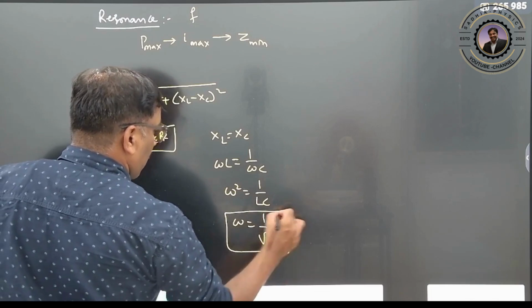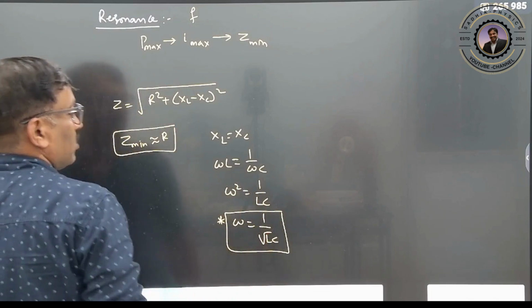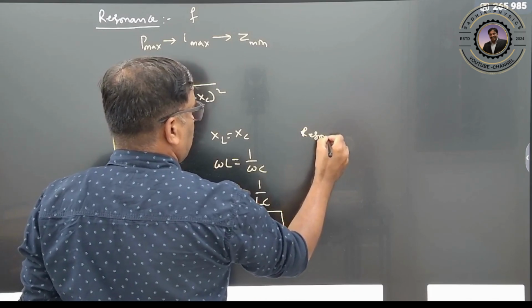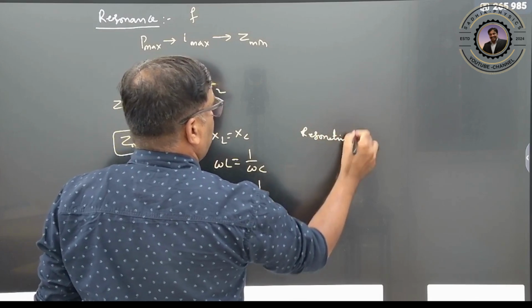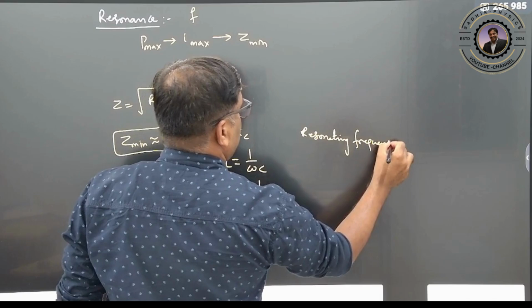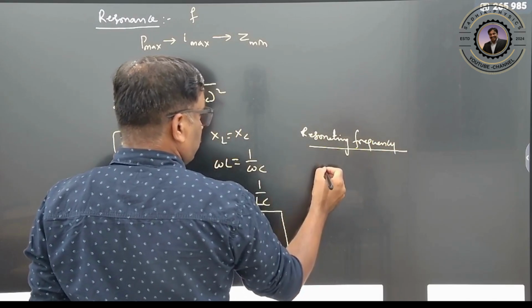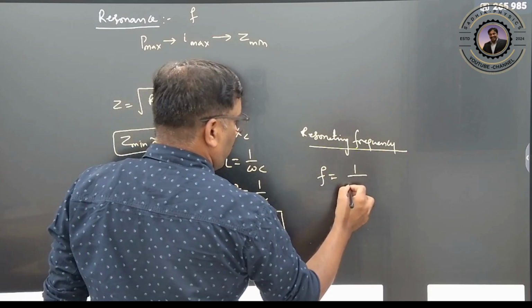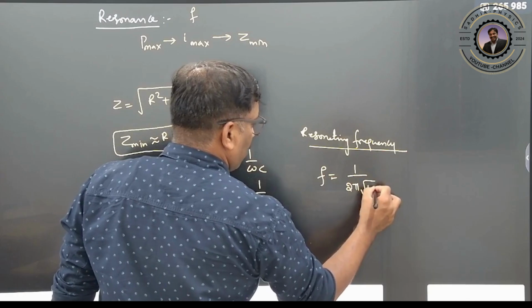This is your angular frequency, where resonance takes place. Now the resonating frequency: omega is equal to 2 pi f, so f is 1 by 2 pi into square root of LC.